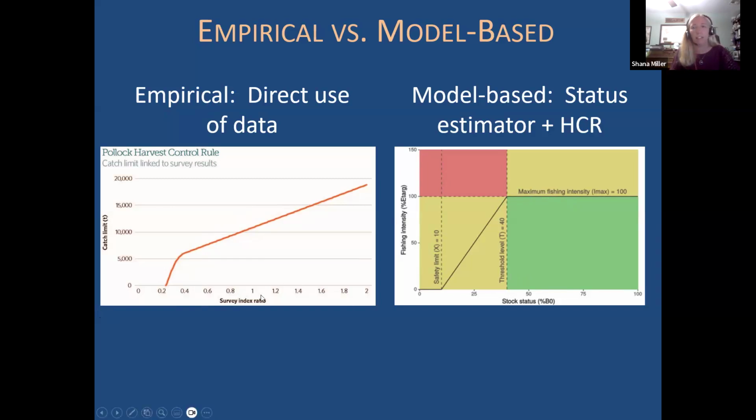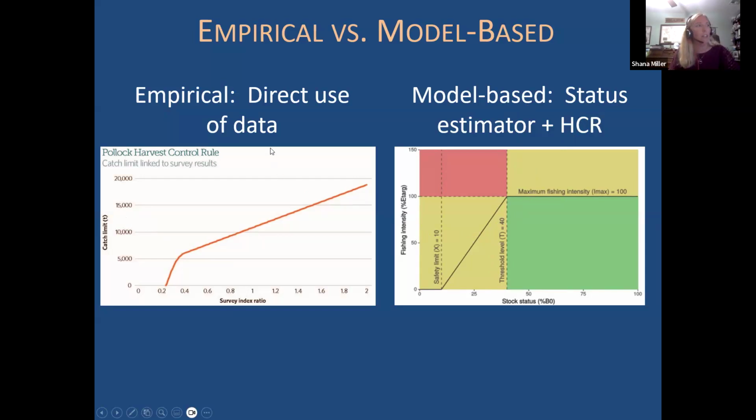There's no processing of that data beyond calculating the survey index, and that's what sets the catch limit in tons. This other one is model based, and in this case, there's a simplified stock assessment that processes the collected data and estimates the stock status to then set the fishing level.